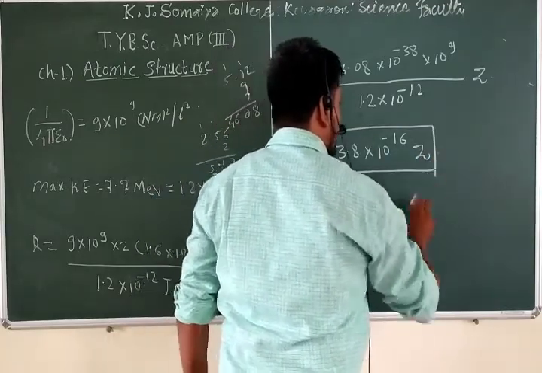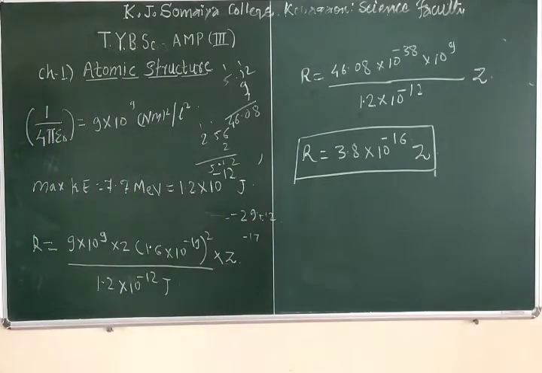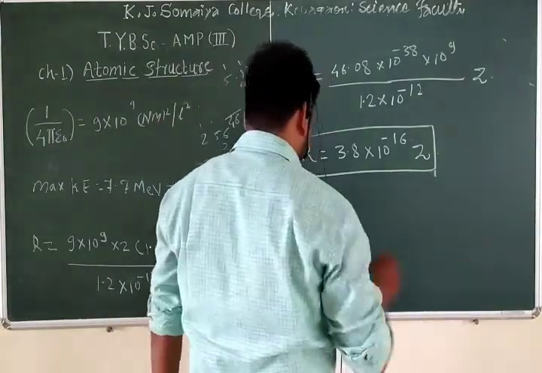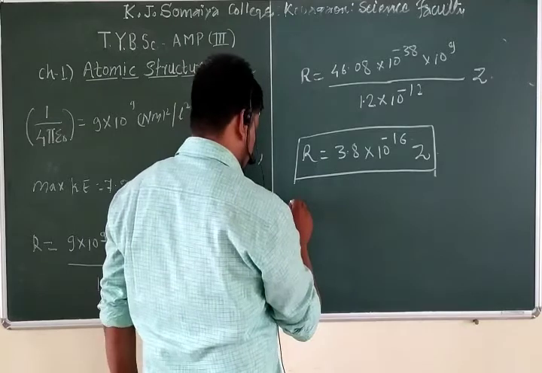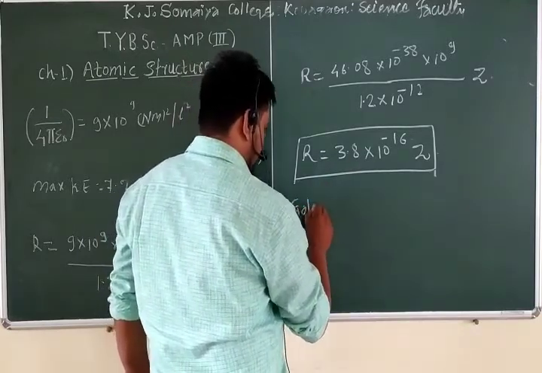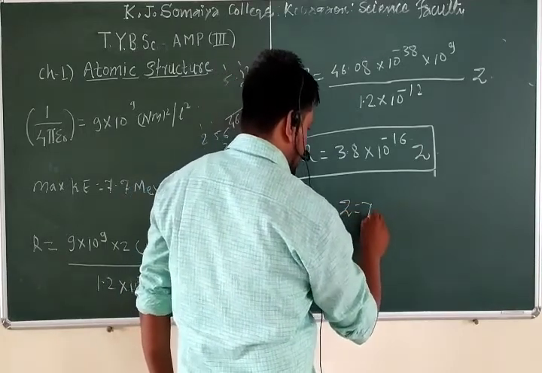So this is roughly the closest distance of approach, the capital R, and we want to see it by taking the value of Z for different atoms. For example, for gold, Z is equal to 79.